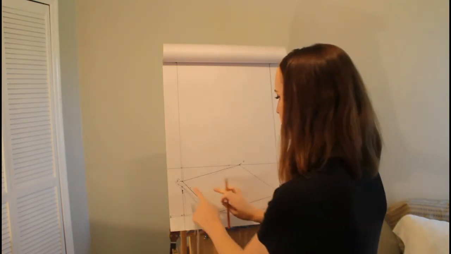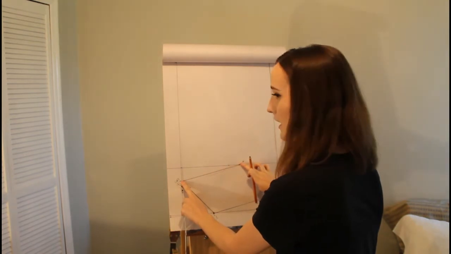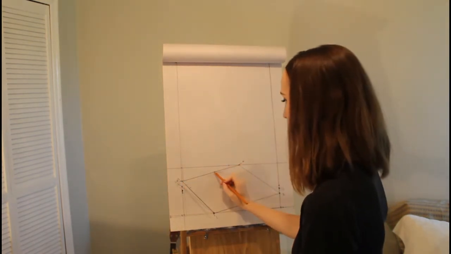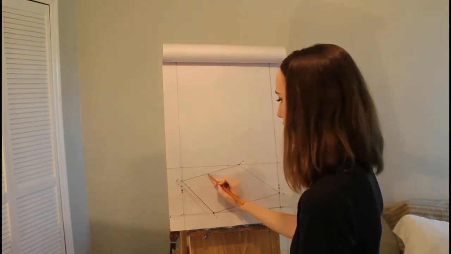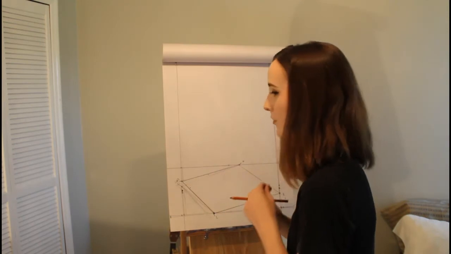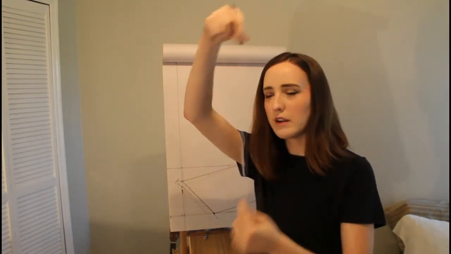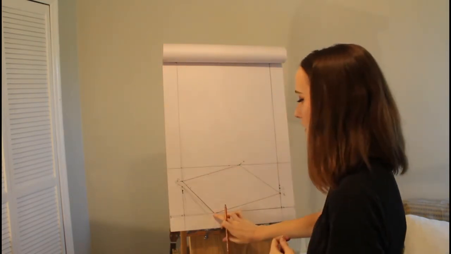I'm asking, how far down this line is the highest point of my rectangle? It's not halfway through, it's kind of left of halfway through. Go over here. What about my lowest point? I can drop a straight vertical line right through that point to ask how close it is to this point.